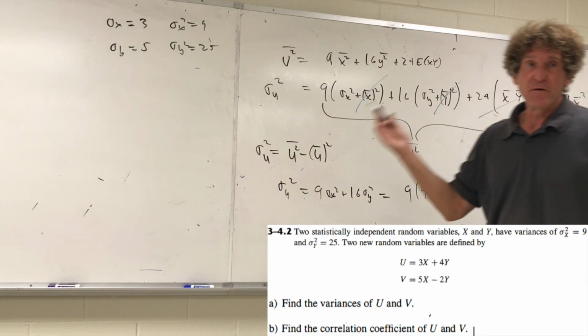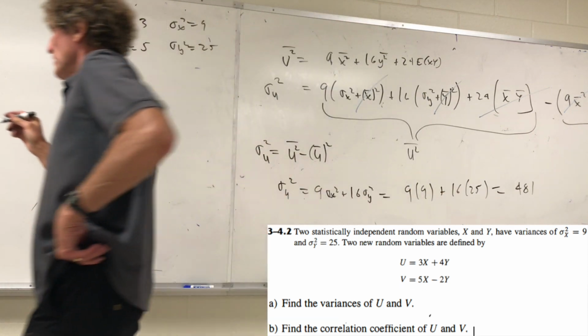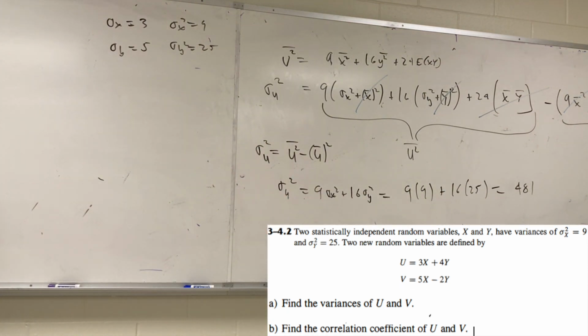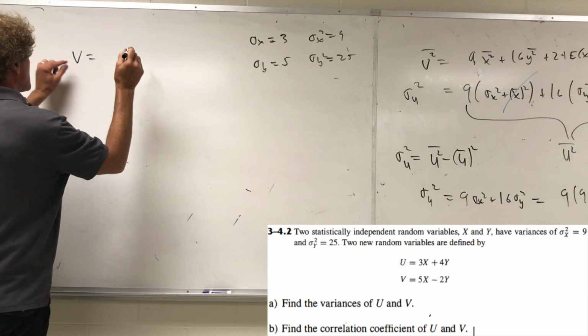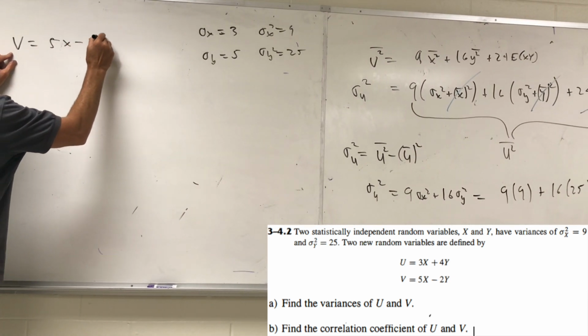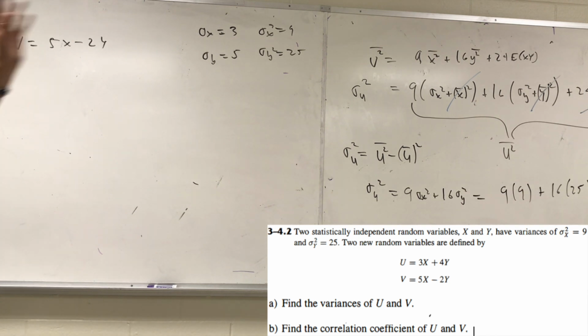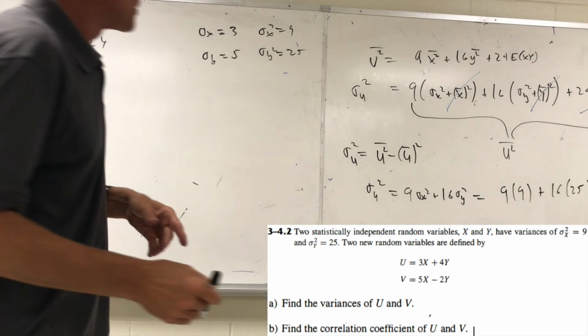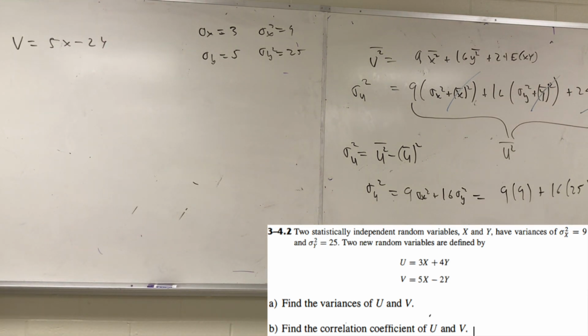Now for part V, remember that was for u. So what is V in this one again? 5x minus 2y. We're not even going to bother doing it the long way that I did it before. What I'm going to do is simply note that this works.